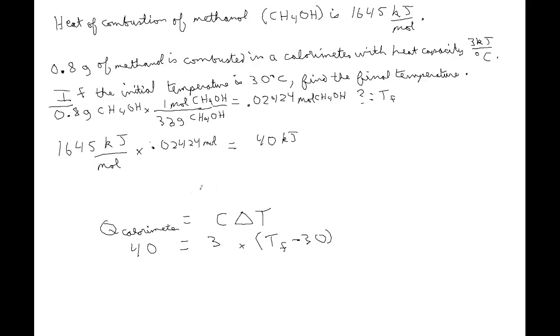So now we can distribute, and then we get 40 is equal to 3 TF minus 90. So add 90.